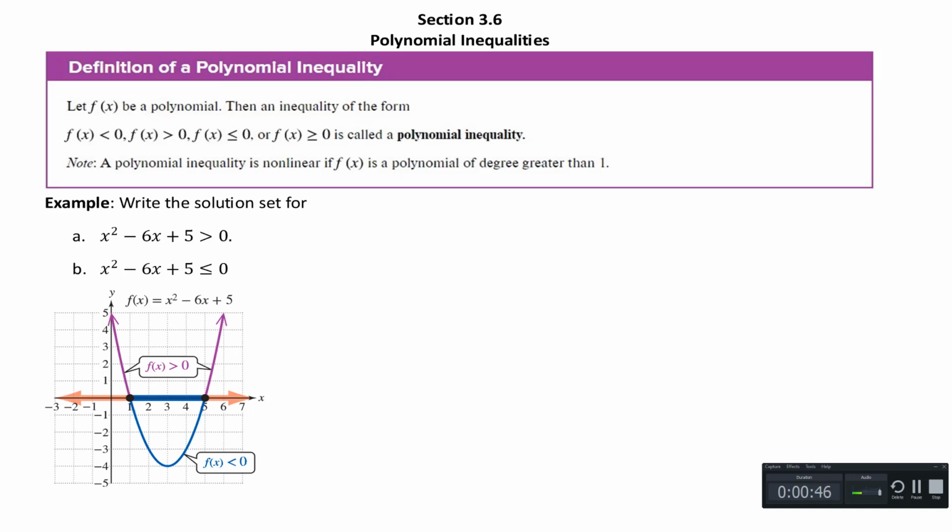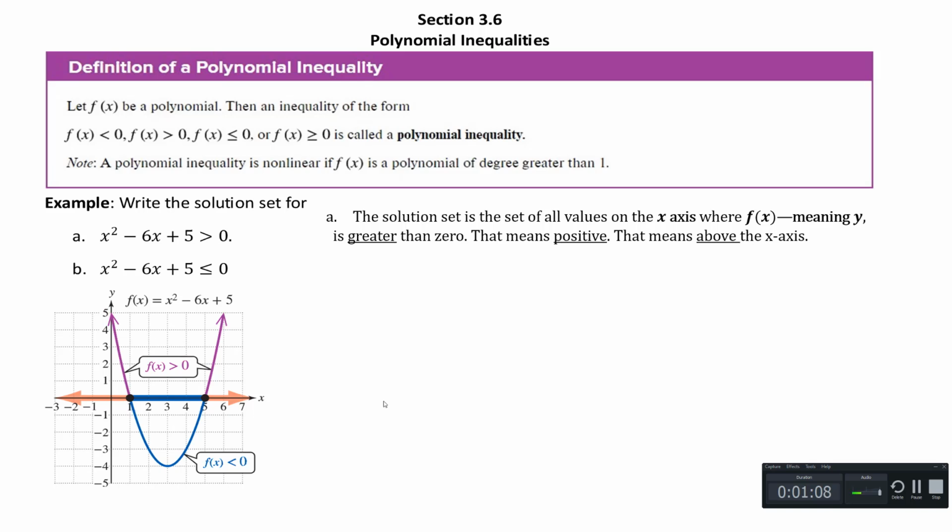All right, so if we want to write the solution set for a polynomial inequality, for part A, we have x squared minus 6x plus 5 is greater than 0. What we mean by find the solution set is we're looking for all values on the x-axis where f of x, meaning y, is greater than 0.